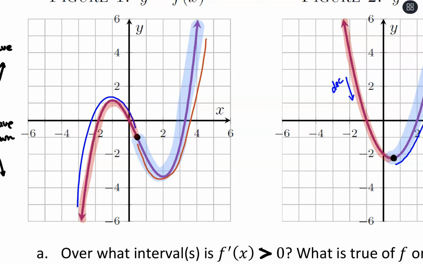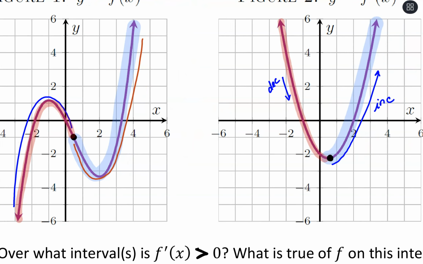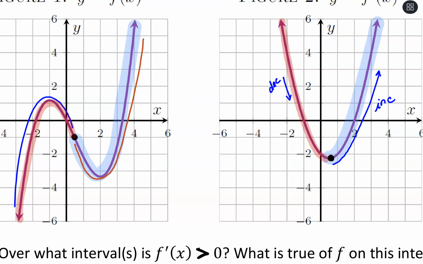So something we're going to talk about in future videos are these kind of key changing points. When we're talking in terms of concavity, this is called the inflection point. Then we have these turning points like at the bottom of the parabola here, and we're going to call this a critical point. We have it on our first graph too. We have 2 turning points, so both of those would be critical points as well. And then we'll even go as far as describing them as minimums and maximums.